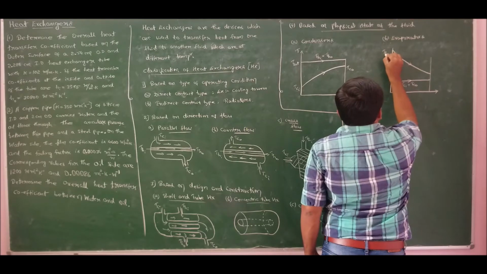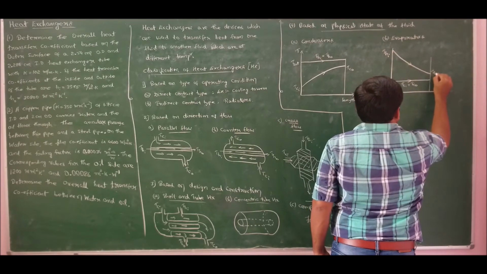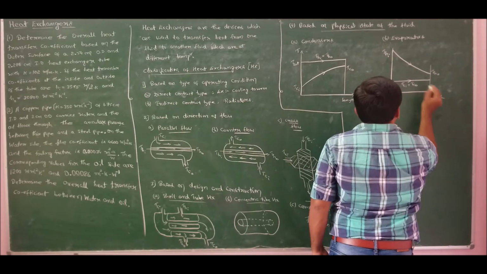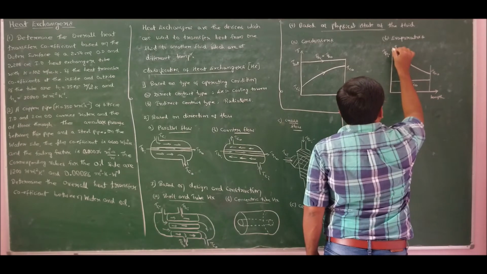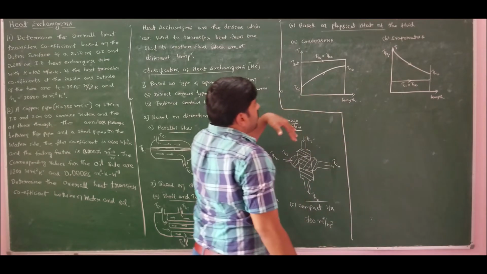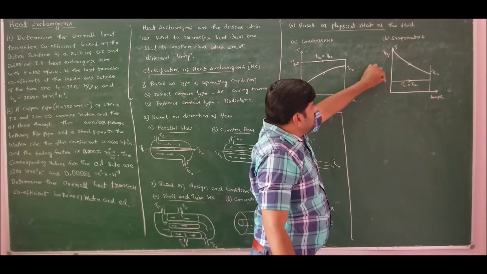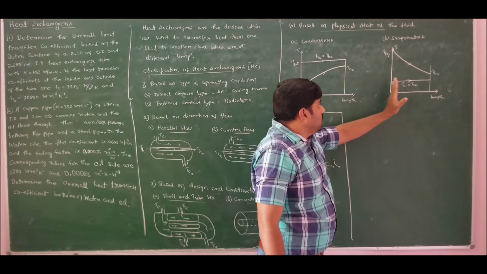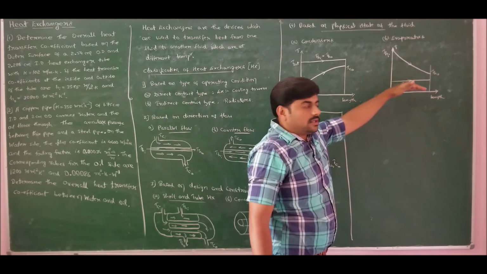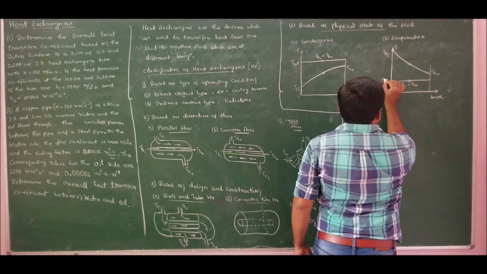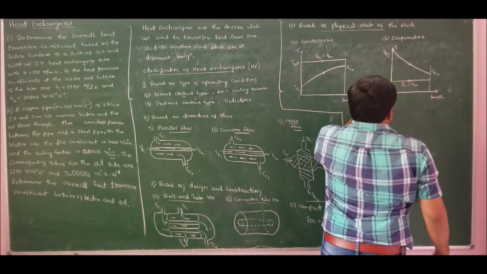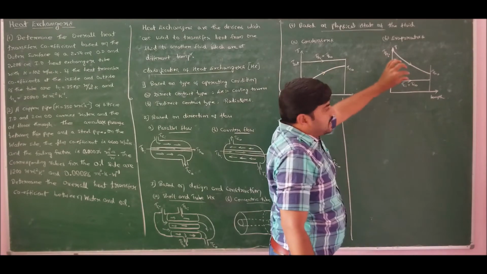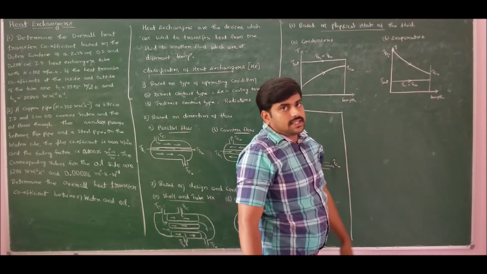So this is Thi and Tho. Over the length, if I plot the variation of temperature, in case of evaporators, the cold fluid will start boiling in its flow, change its phase from liquid to vapor at constant temperature, which is also called the saturation temperature, and the hot fluid temperature will gradually decrease when it flows in the heat exchanger.